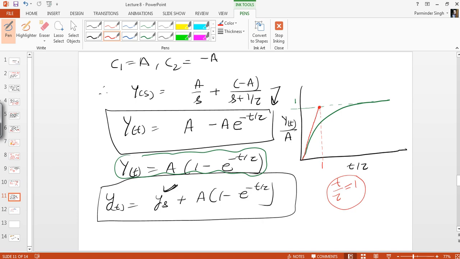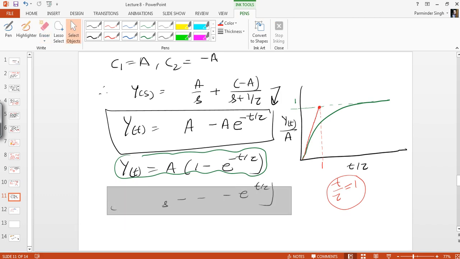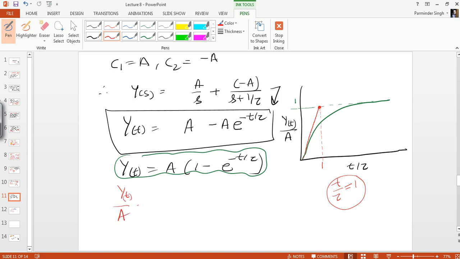Now let me write for this thing. Let me remove first this part. Okay, now let me modify this given equation. Now can I write Y(t) by A as 1 minus e to the power minus t by tau?